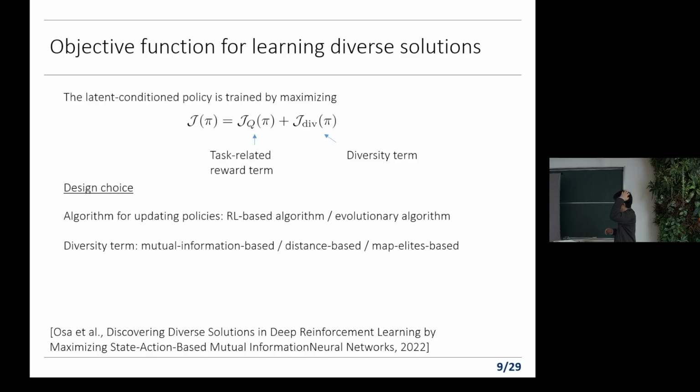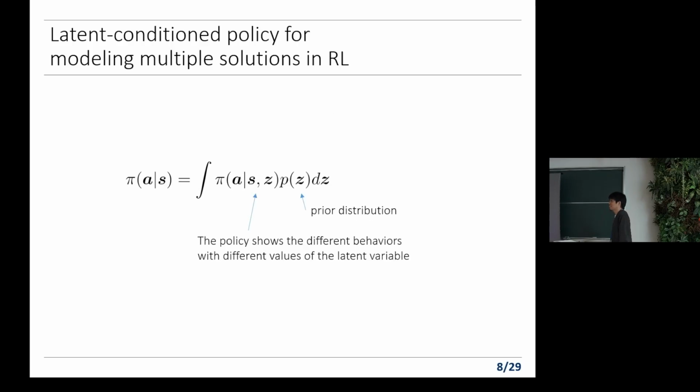Regarding the first part, if you use different hyperparameters of the reward or diversity term, you will obtain different solutions. Even if you use the algorithm without the diversity term, because if I understand correctly, you must use your special policy. That pi must depend on the latent variable z.